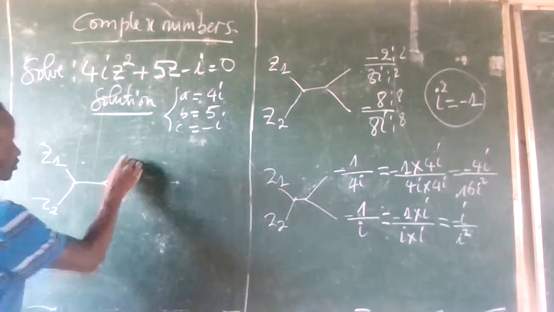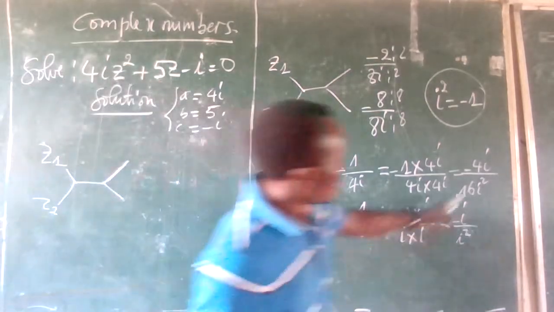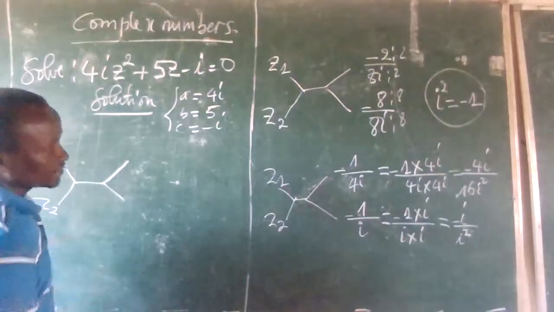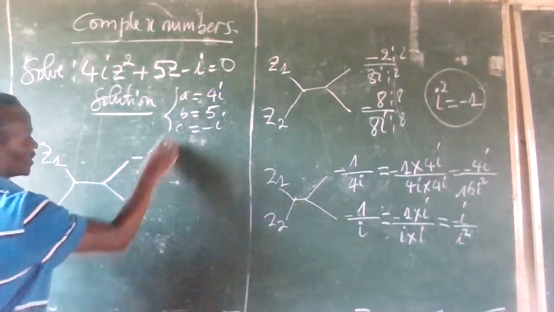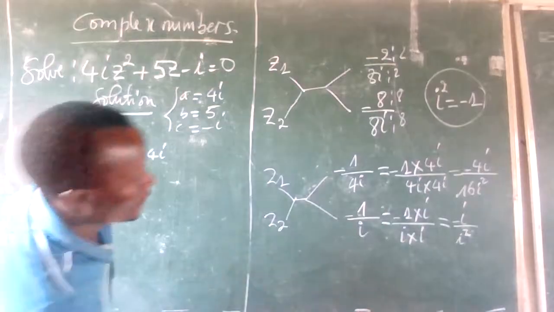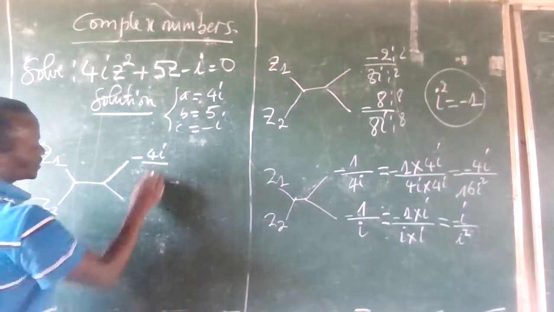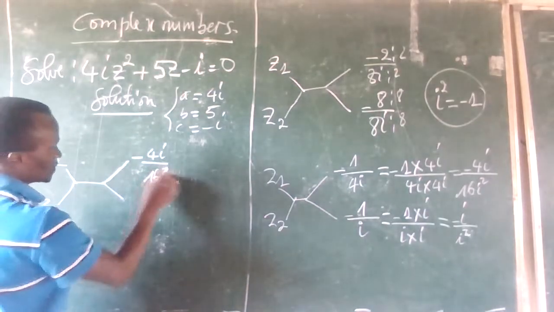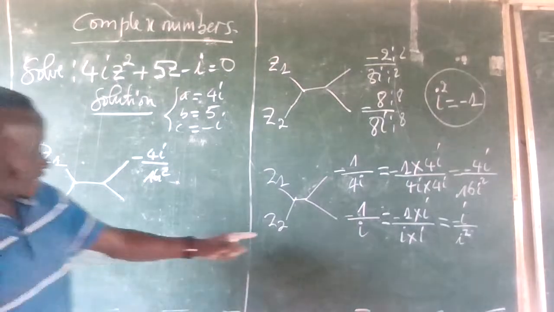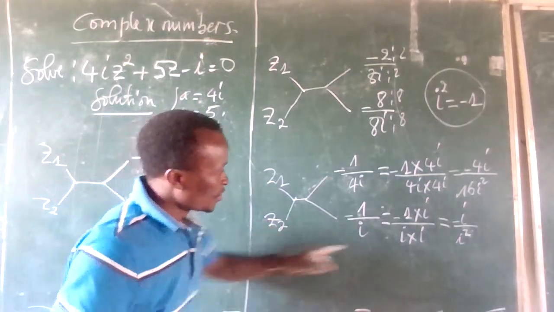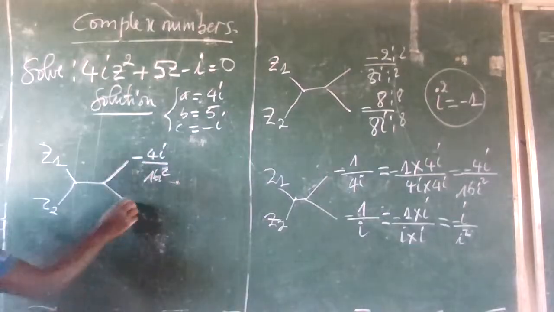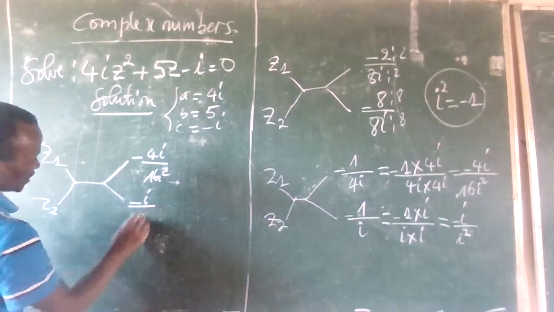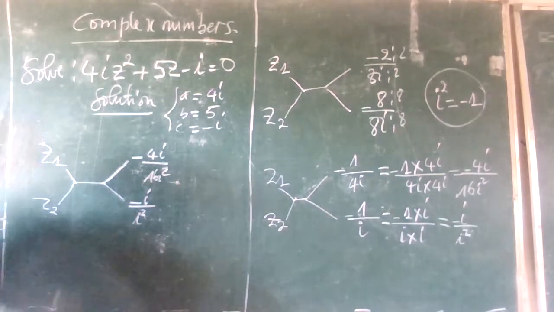Here we have minus 4i over 16i square. Here, at Z2, we have minus i over i square.